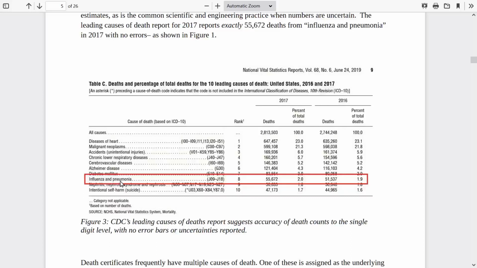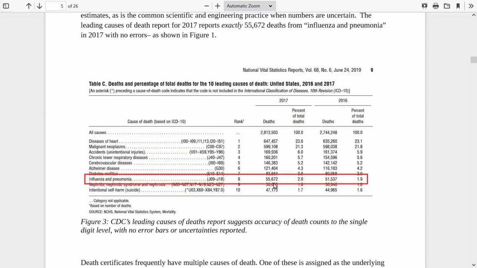But when we look at influenza and pneumonia, which is the 8th leading cause of death according to this report, it has only 2% or 1.9% in 2017 and 2016. And it gives a specific number, exact to the last digit, of the number of deaths supposedly due to influenza and pneumonia, which is 55,672 in 2017.